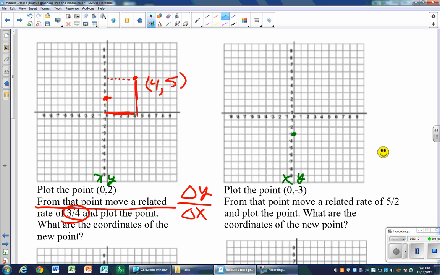From that point, move a related rate of 5/2. Remember, related rate is change in y over change in x. 5 is our change in y. We're there. 1, 2, 3, 4, 5. 1, 2, change in x.